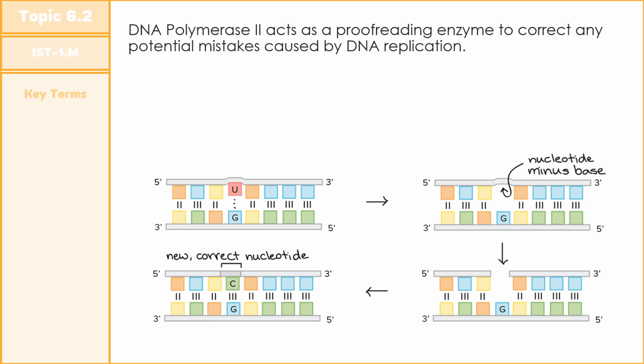So what it can do is it can go down the nucleotide sequence and identify where there are errors, and so it can fix those mistakes. Now, this can reduce our error rate to about 1 in 1 billion base pairs, so much better overall considering the amount of nucleotides we have to work with.